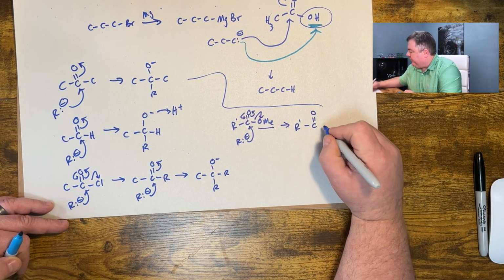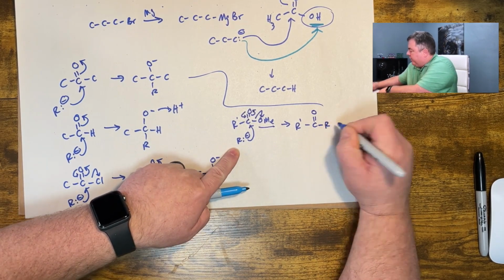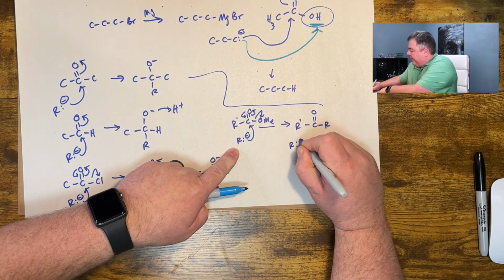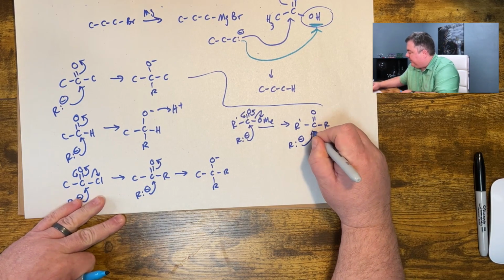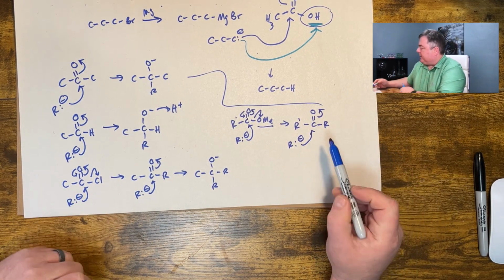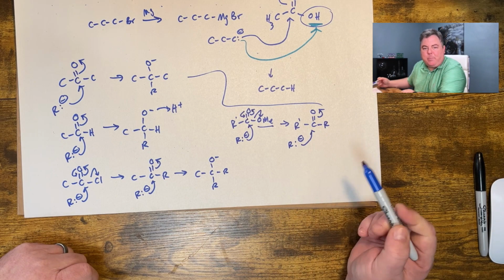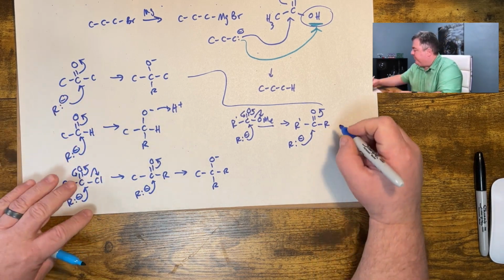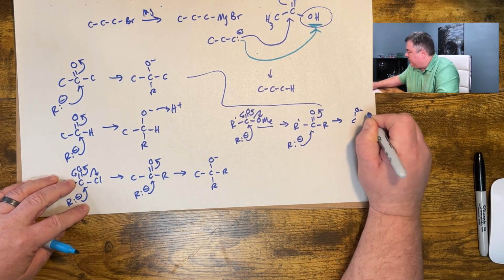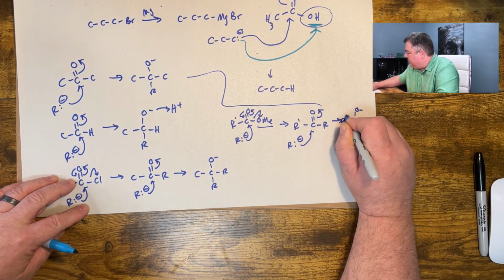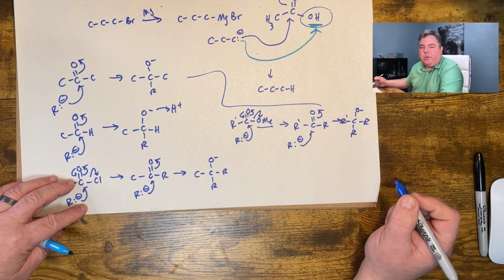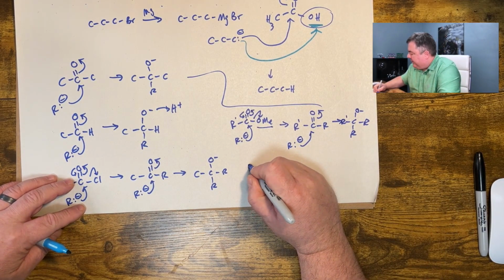My carbonyl is still there. And now my new R group just came on. And if I have an excess of that, more of it, it could attack again. Electrons go up. Will they come back down? Carbon, carbon, nope. That's just like this first example. So the electrons stay up there until you quench.